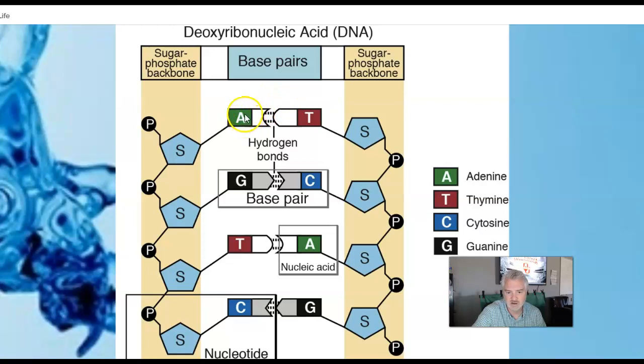You'll notice here, A's bond with T's, G's bond with C's, and T's with A, and C with G. The A stands for adenine, T thymine, C cytosine, and G guanine. The main thing you would need to know, and we'll talk way more about this later in the year, is that these letters contain all your genetic information. You've probably heard of these letters before: A, G, C's, and T's. But we will talk about those later.